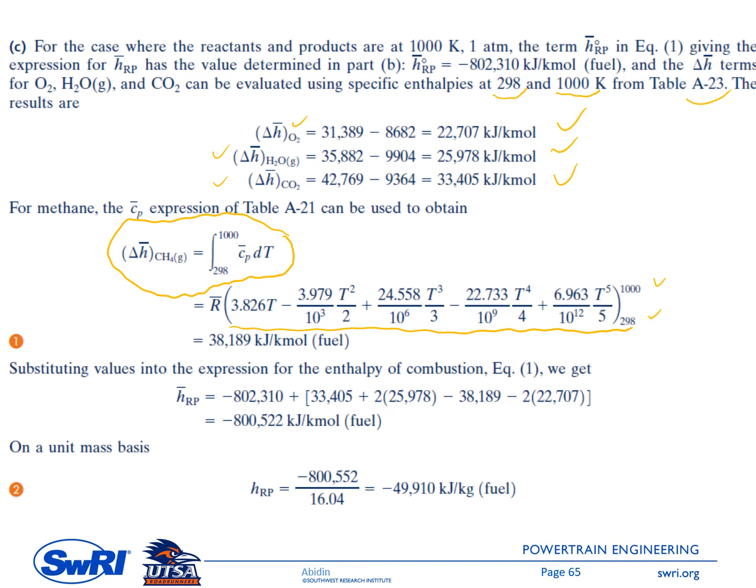You will get delta H for methane of 38,189 kilojoule per kilomole. So you get all numbers, you just need to plug into the equation and you will get the enthalpy of combustion at 1000 Kelvin of minus 49,910 kilojoule per kilogram. So you can compare this result with the result from B and you can see that the difference is minor.